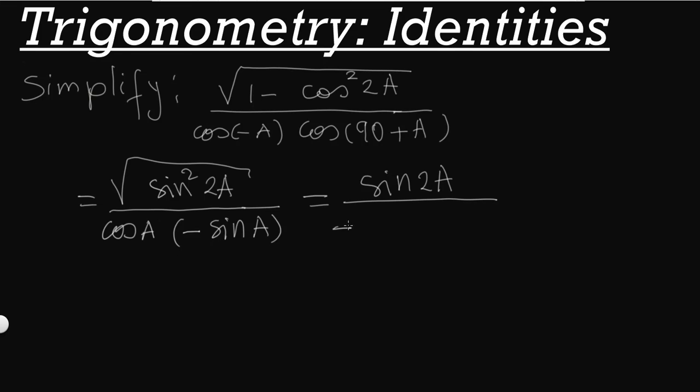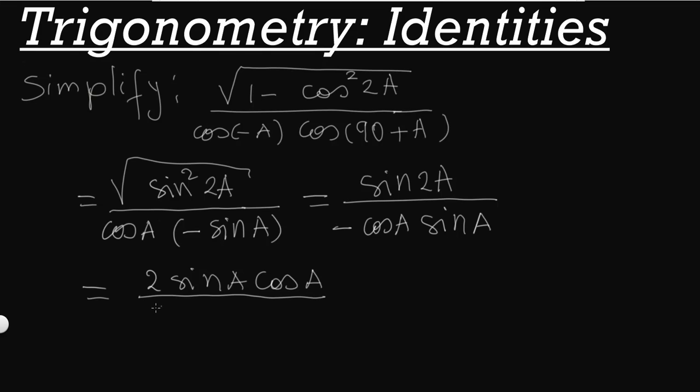Then we have a minus cos A and a sine A. Now, remember the identity of 2 sine 2 alpha. So this will give us 2 sine A multiplied by cos A all over minus cos A sine A.